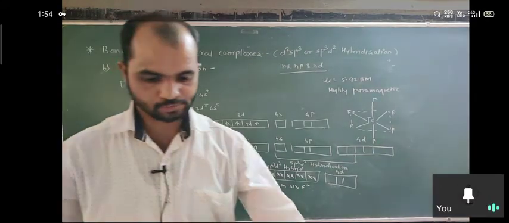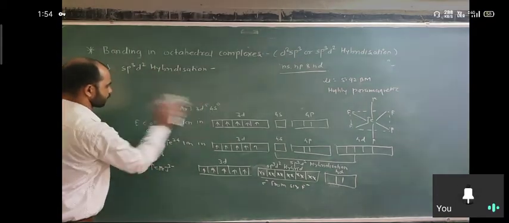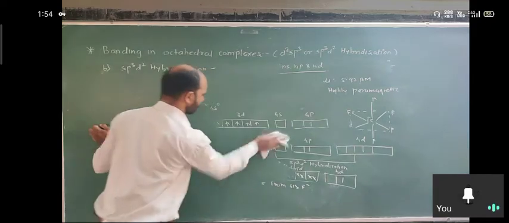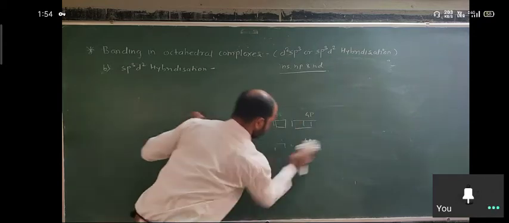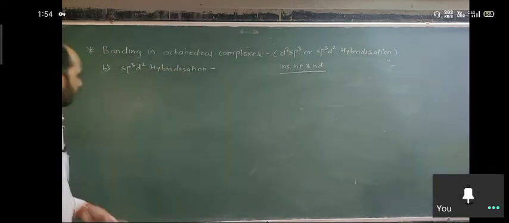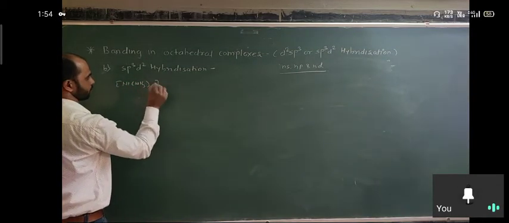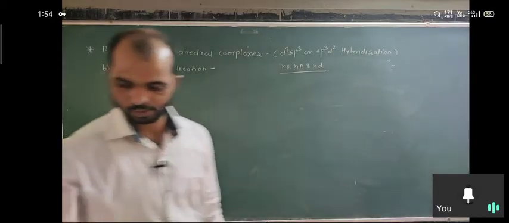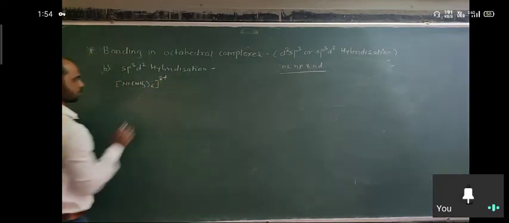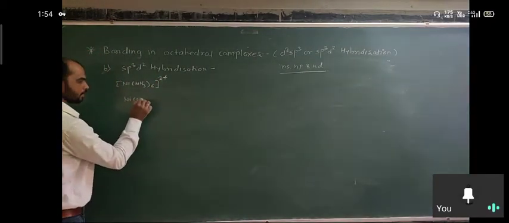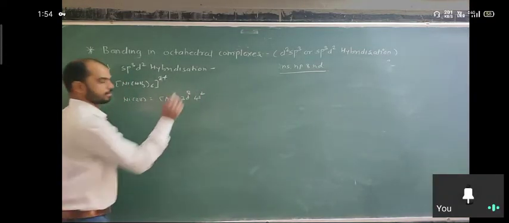The last example given is Ni(NH3)6 2+. You can try to solve it; I just draw the electronic representation, and you write it in detail in your notebook. Ni has atomic number 28, so the configuration is Ar 3d8 4s2, with 8 electrons in 3d.